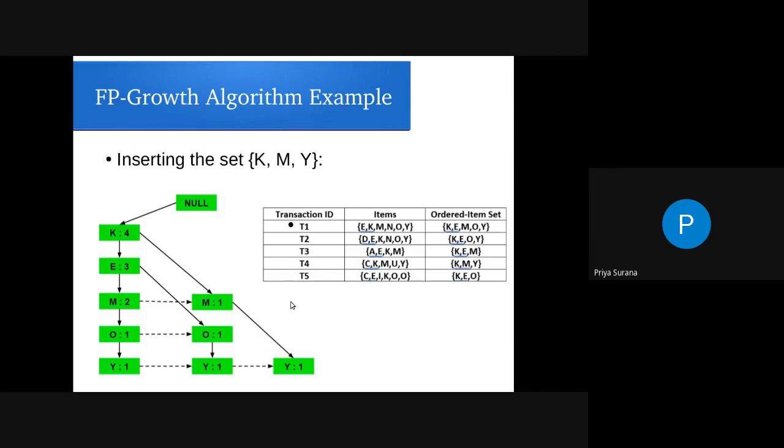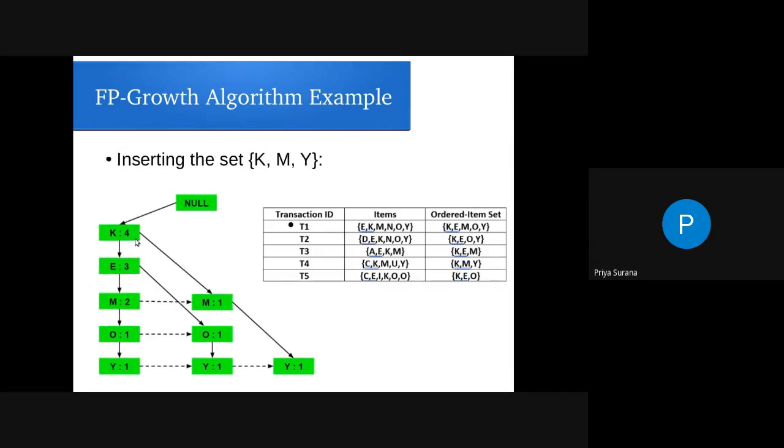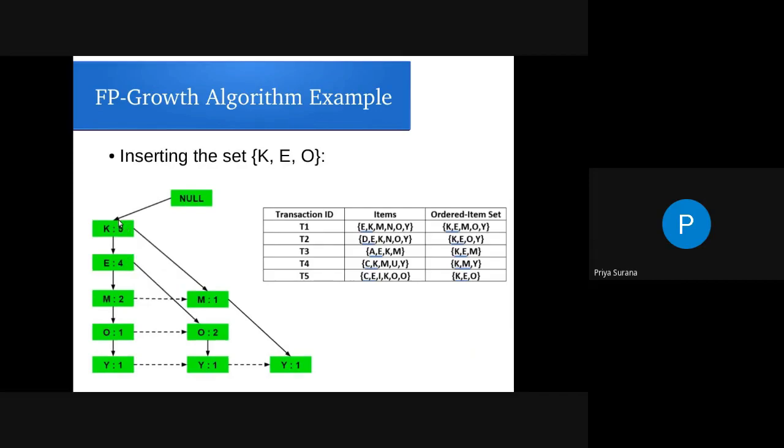Now we will go for next, that is T5. So which elements are there in the ordered item set, that is K, E, O. So now we will again check, K is present, increment it by 1. Now next is E, increment E count by 1. You can check previous values. Those were 4 and 3. Now they are becoming 5 and 4. Now last element, that is O. So link is available for K, after that E and then O. But for O count is 1.